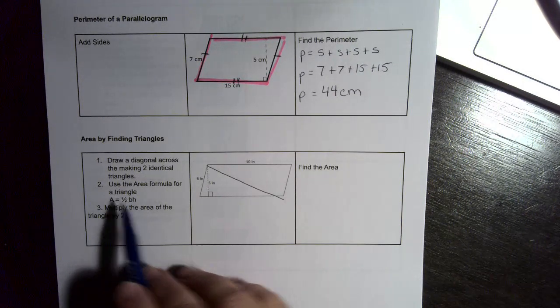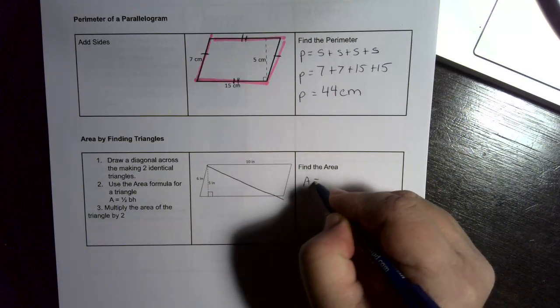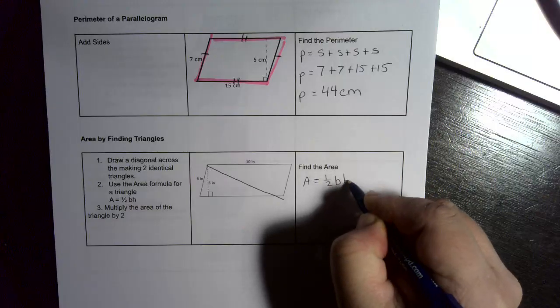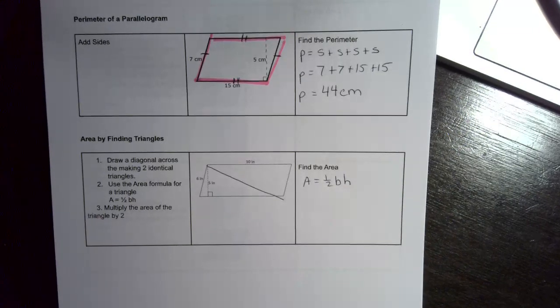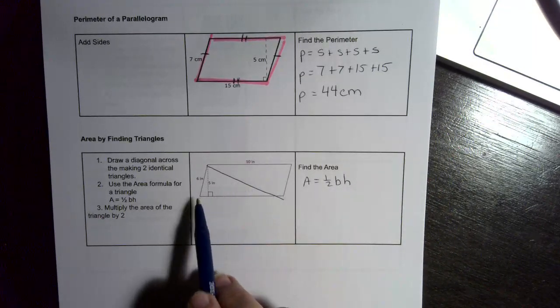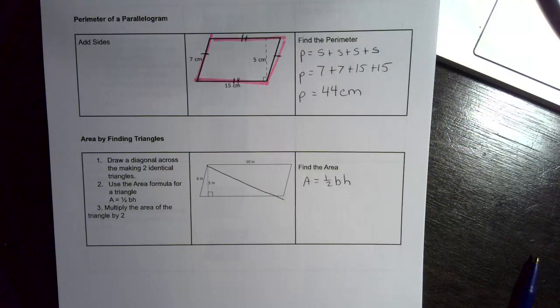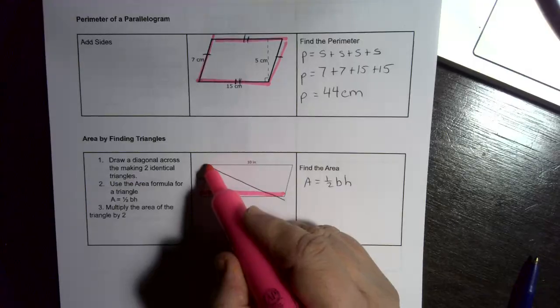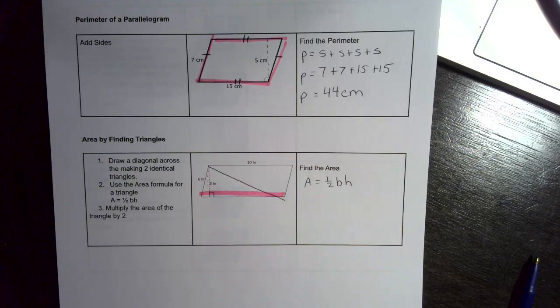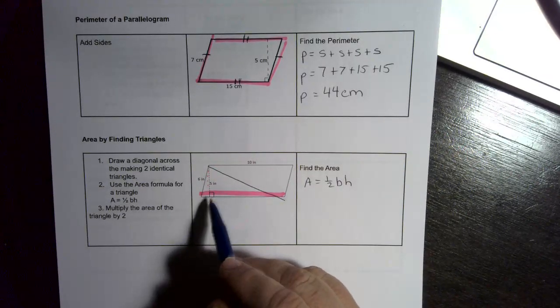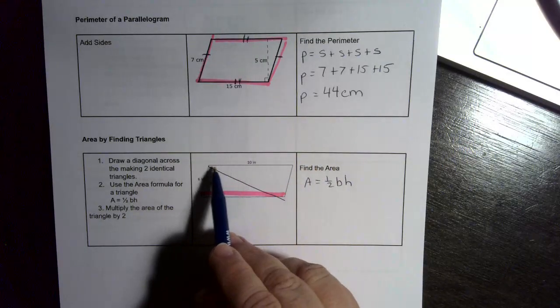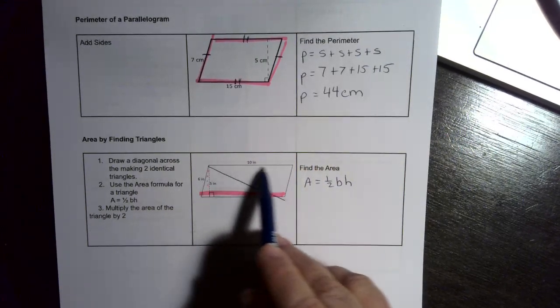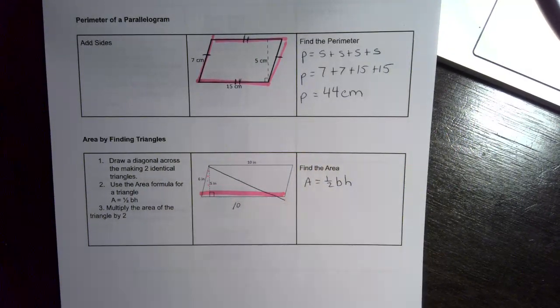Okay, then we use our area of a triangle formula, 1/2 base times height. Now if you notice, my base of my triangle's here because I'm looking at this perpendicular. Well, it's not labeled anything, but just as we said before, opposite sides are equal. So this is going to be 10.